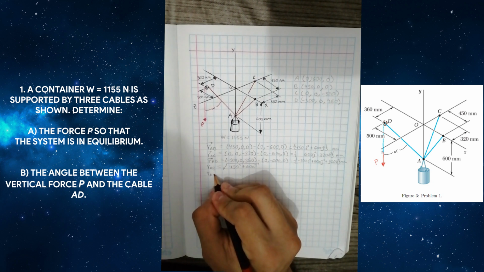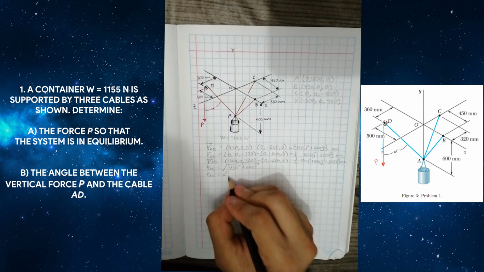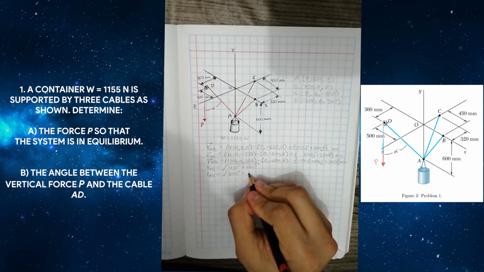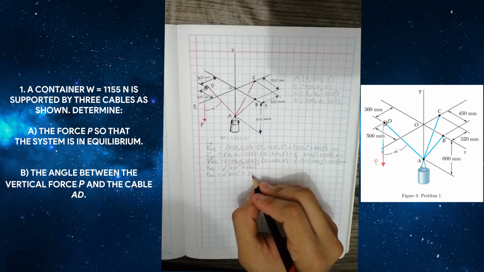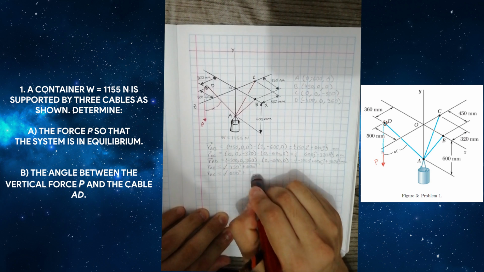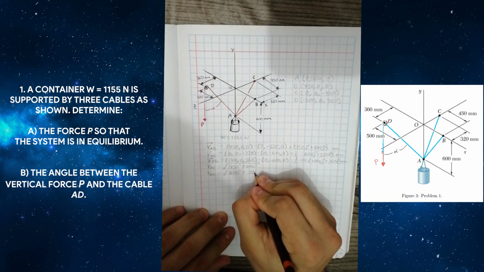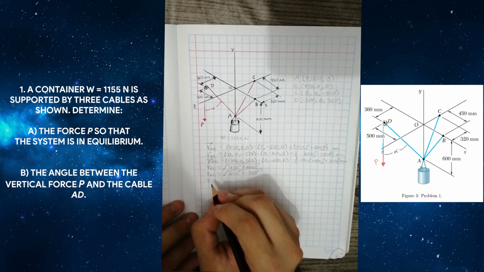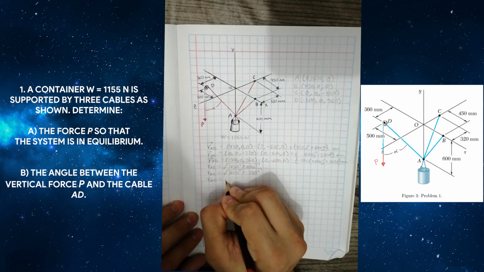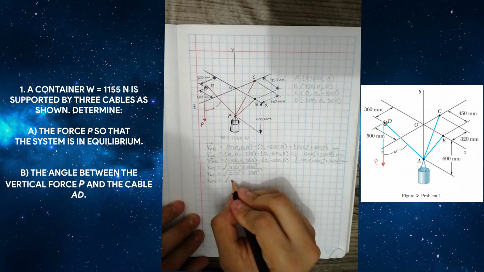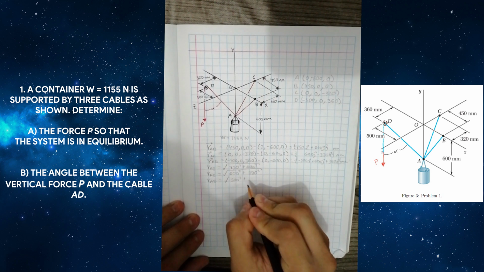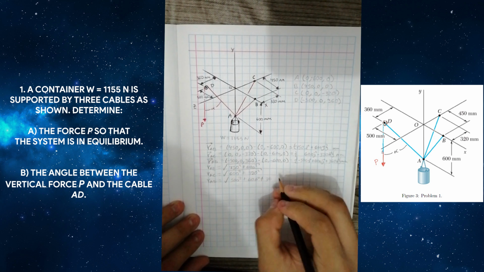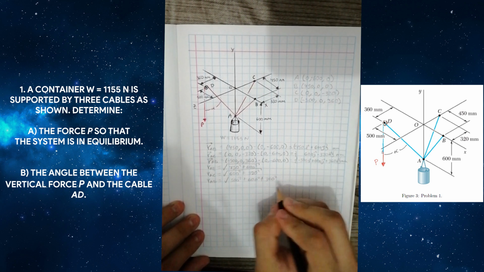For the next, the square root of 600 square plus 320 square. And for the last, AD is equal to the square root of 500 square plus 600 square plus 360 square.